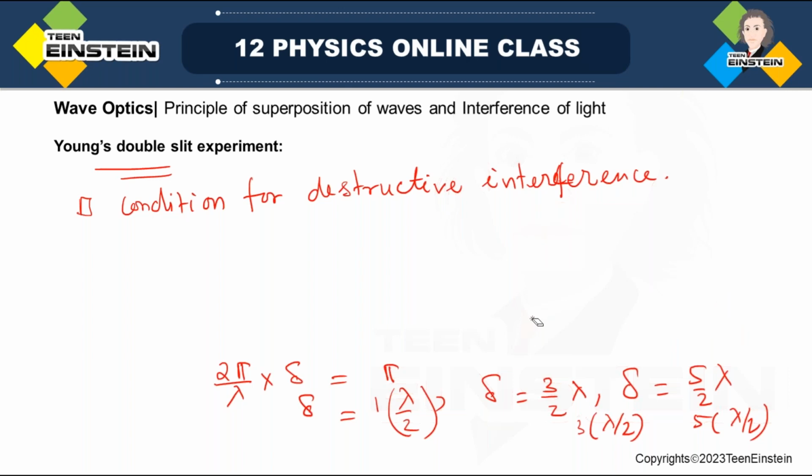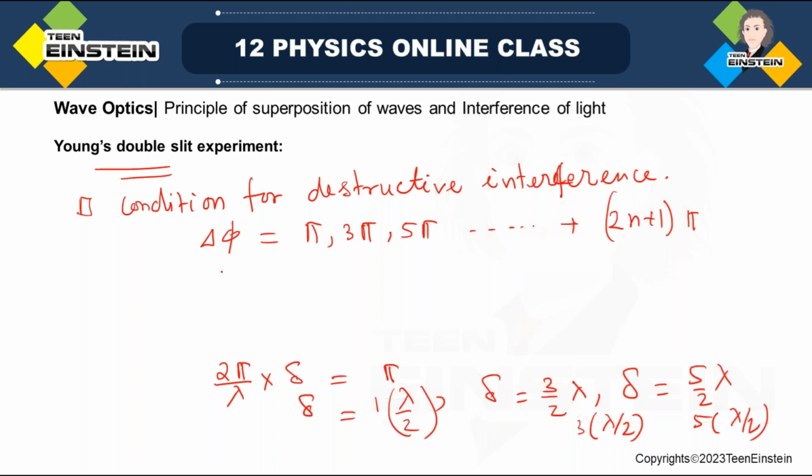See here, condition for, so phase difference delta, this has to be pi, 3 pi, 5 pi, like that, any odd pi, 2n plus 1 pi, any odd pi, okay.